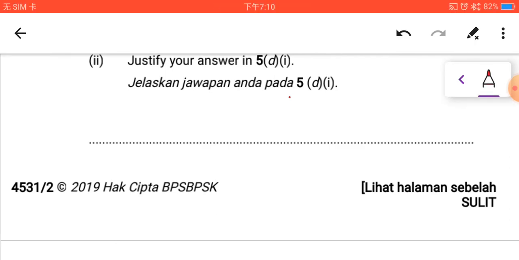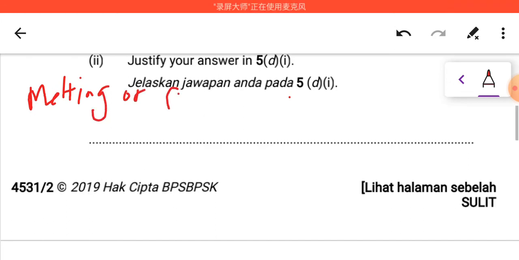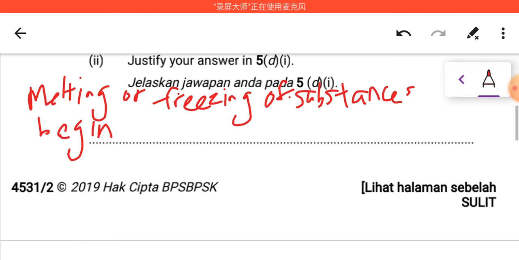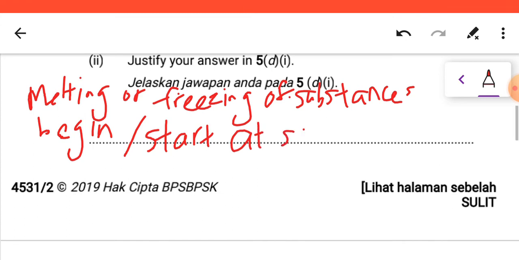So melting or freezing of a substance begins, or you can say starts, at the same temperature.